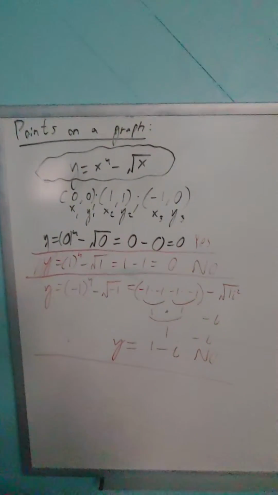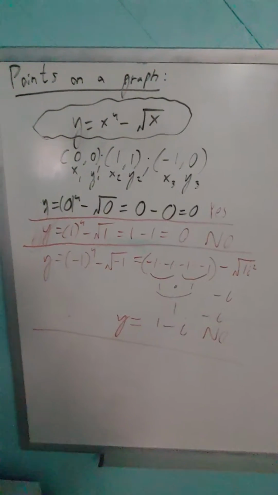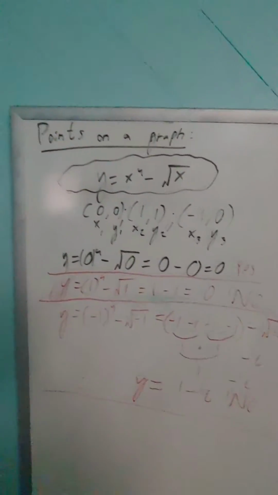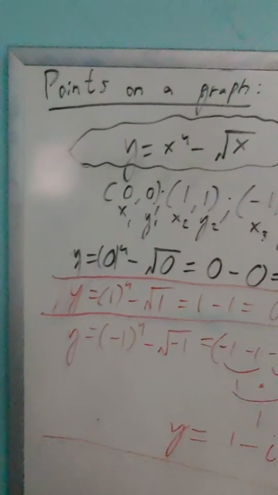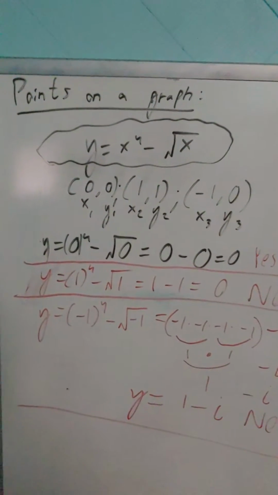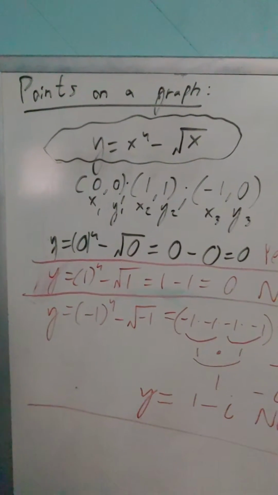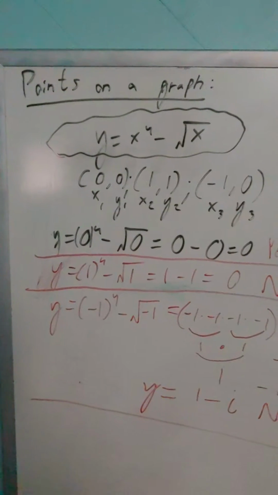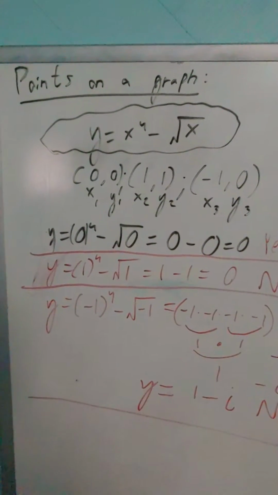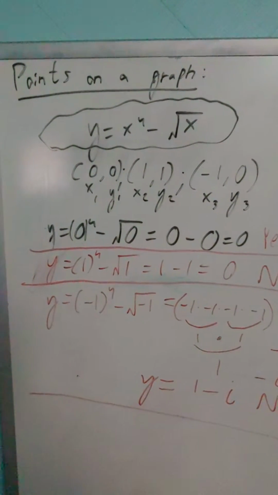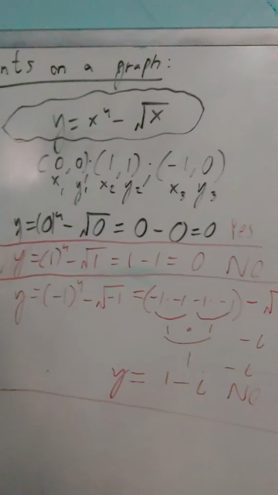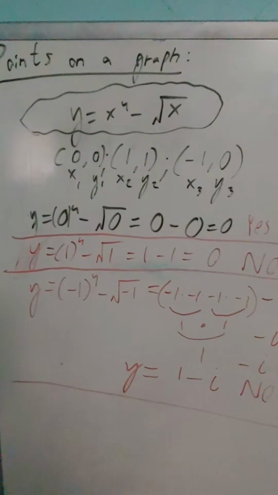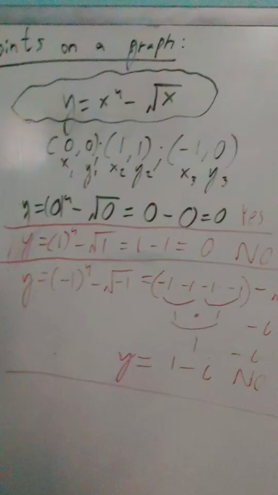And you can see that for the first one, x1, y1, which is identified right here, (0, 0), I replaced the x's with the x coordinate, which is 0. So y equals 0 to the fourth minus the square root of 0. 0 to the fourth is just 0 times 0 times 0 times 0, which is 0. And the square root of 0 is just 0 times 0 equals 0, so you can just take out 0 there.